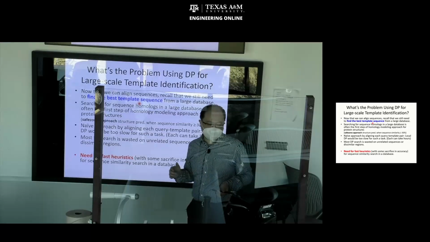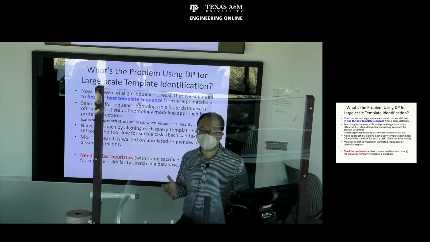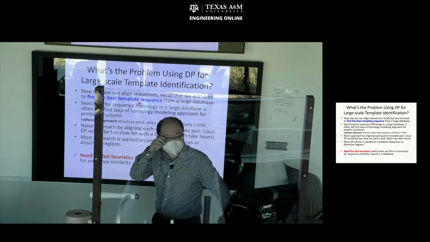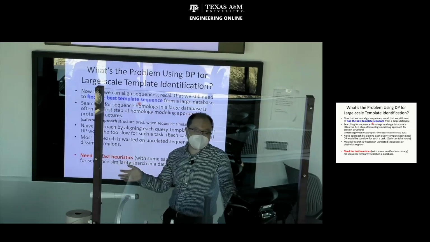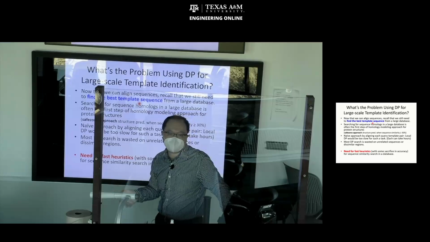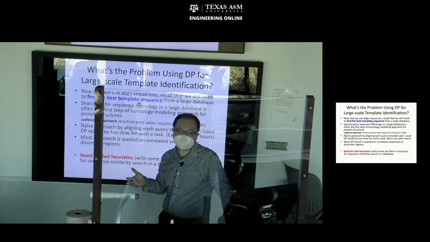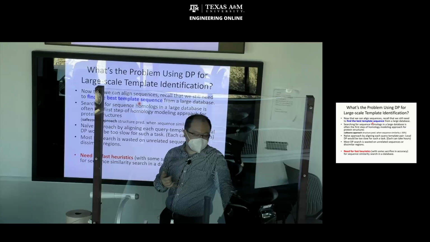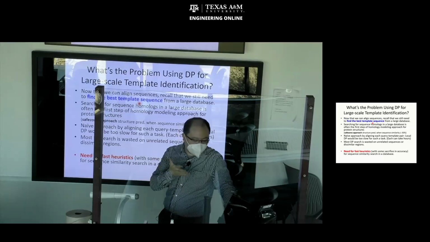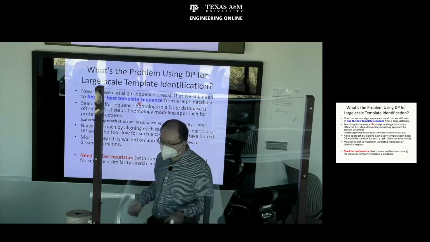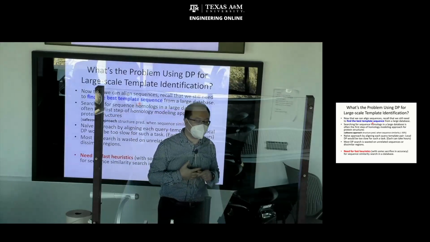But more importantly, the database is large, right? Even if we're talking about 180,000 structures, if we remove the redundancy in the sequence or structure space, we may still talk about 10 to the 4-ish structures. So doing that 10 to the 4 times, this hours or tens of minutes is still not ideal, right?